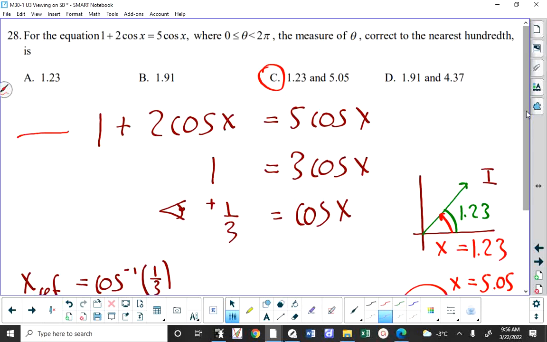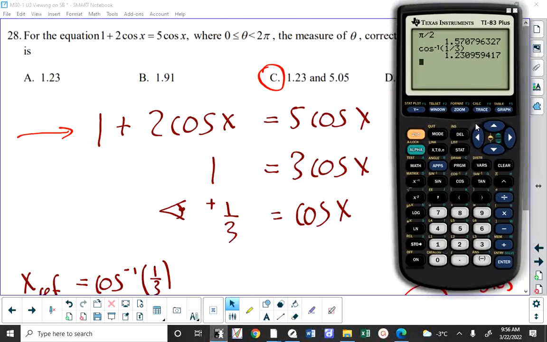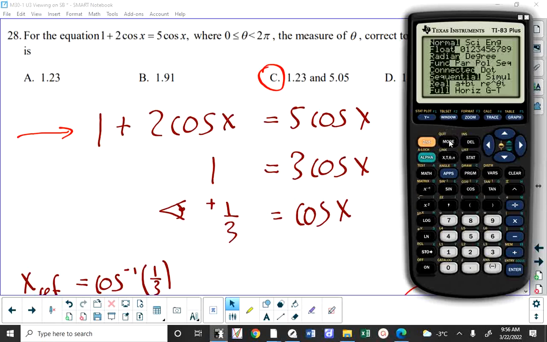If I want to solve this equation and I want the answers in radians, I can put my calculator in radians. I can enter 1 plus 2 cos x for the left-hand side as y1 and 5 cos x for the right-hand side.